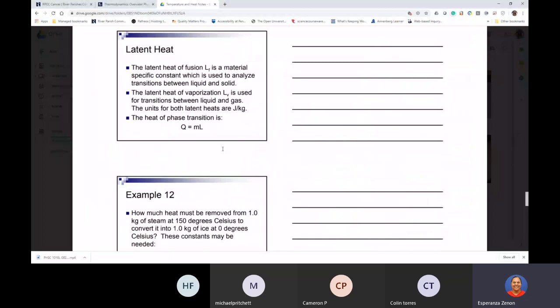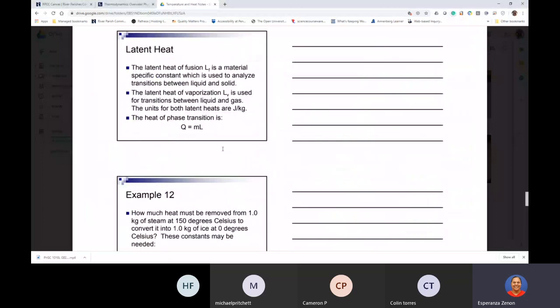So what kind of transitions are those? Well, that's, for example, in the case of water, where we're changing the liquid to steam, or vaporizing it, or condensing the steam back into a liquid. So evaporating and condensation transitions, we use LV. So you have to be very careful when you solve problems that deal with latent heat.